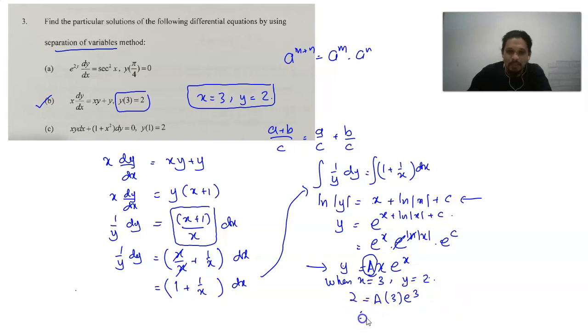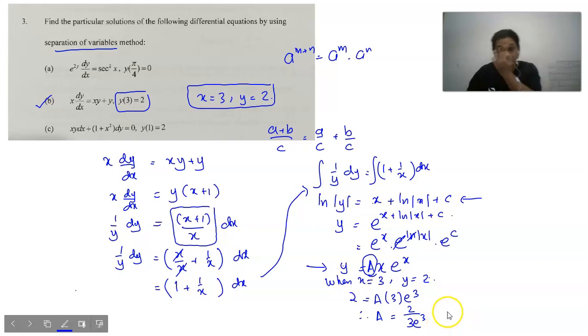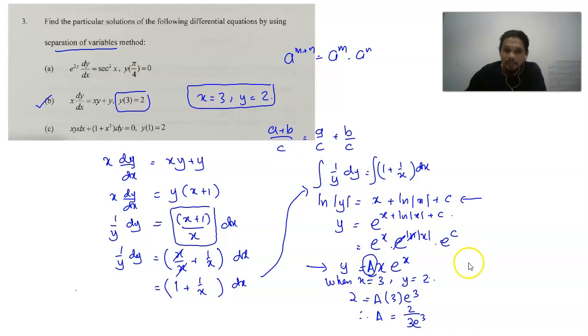So a equals 2 divided by 3e to the power of 3. Then we substitute this value of a into the general solution: y equals 2 divided by 3e cubed, multiplied by x and e to the power of x.